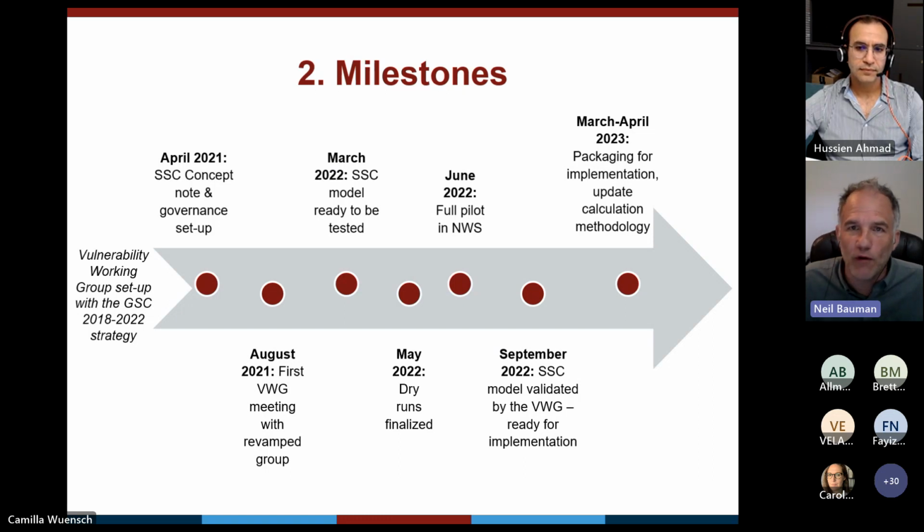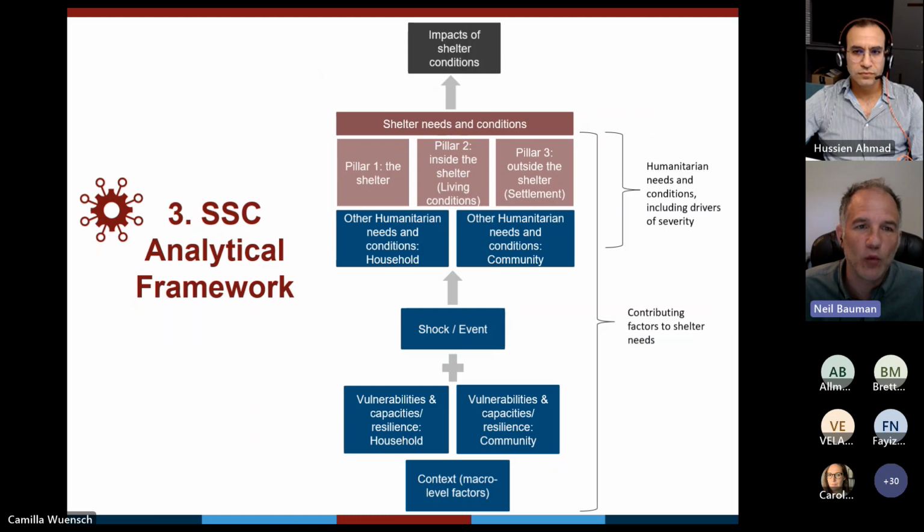So we're very intent on making sure that the systems we work on within the shelter sector are compatible with the intersectoral thinking as well. So there's been a lot of back and forth with the JIAF framework and what we've been doing in this. So there's an attempt to systematize that way. I think I'll stop there and we'll go into the framework itself, and I'll hand over to Hussein. Thanks.